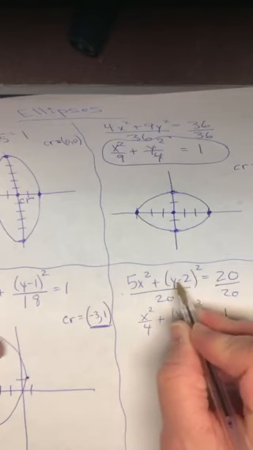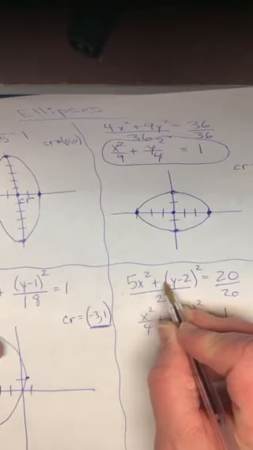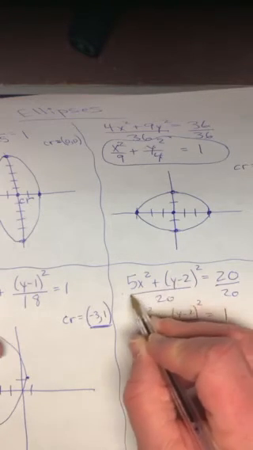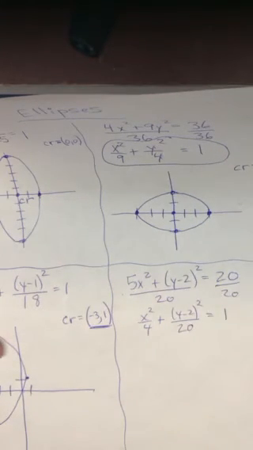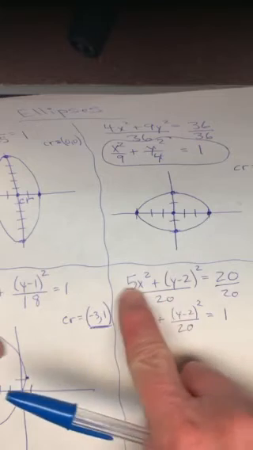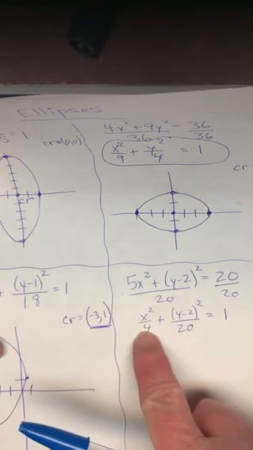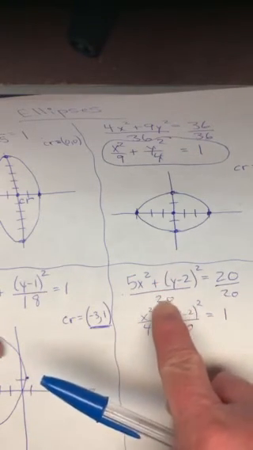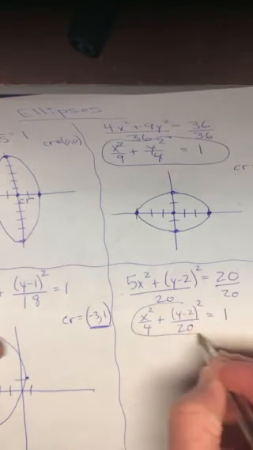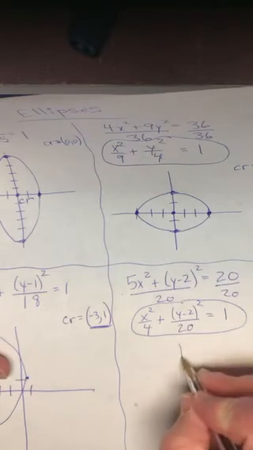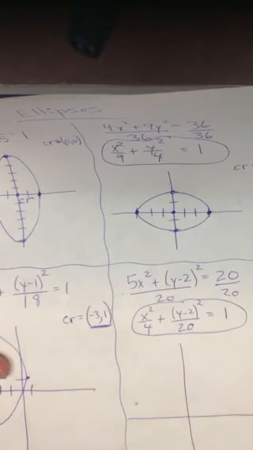Now notice that y minus 2 squared did not have a number in front of it, so the division by 20 makes it stay a 20 underneath. So 5 over 20, the 5 canceled, the 20 became a 4. This was 1 over 20, so the 20 did stay on the bottom. Point is, I got it into standard form. I'm going to try to graph it correctly.